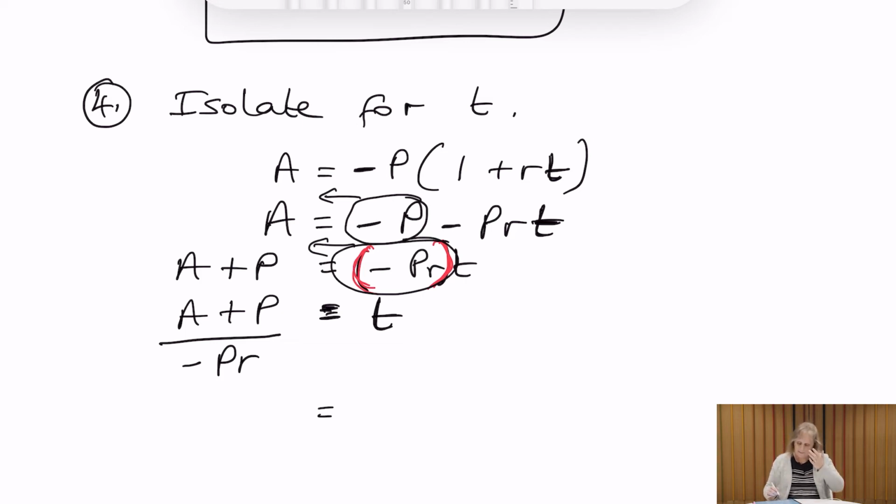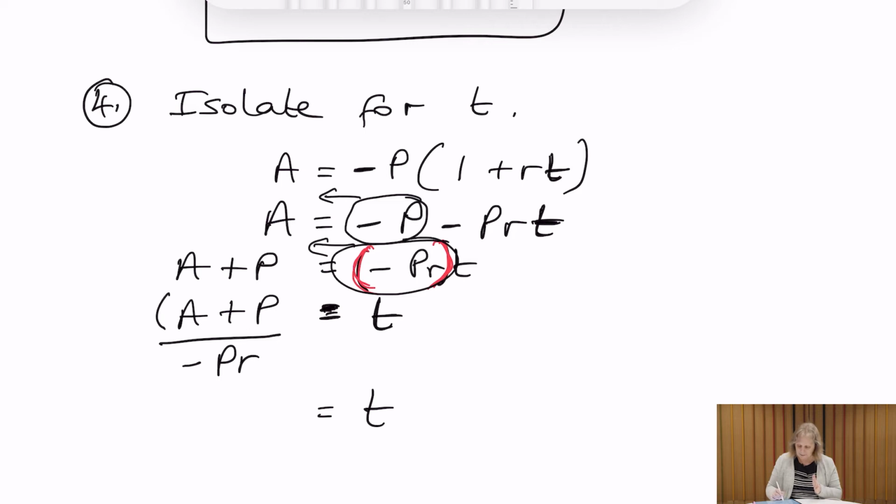Okay, now there's a couple of other things that we need to do here to write it more mathematically correct. We could leave it like this, but we need to neaten this up mathematically. So we've isolated our t. Now, the way to look at this is, we've got a fraction on the left-hand side.